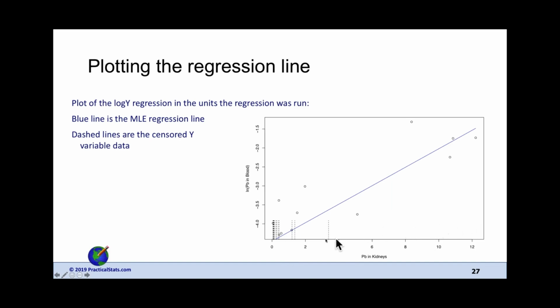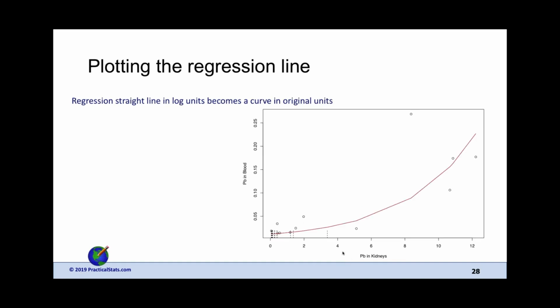So all of that is evidence that the concentrations are going up in blood as they go up in kidneys, and that is being used in the MLE along with this pattern for the detected values in order to give you back intercept and slope. You could transform that back out, just take the EXP of it, and you get this nice curve function, plotting the data in the original Y units of concentration of lead.